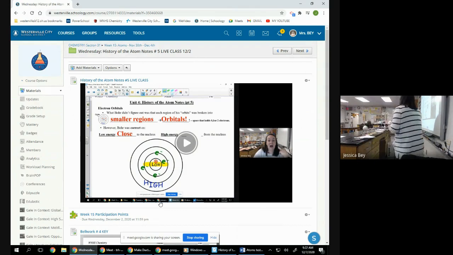So we're going to move forward with the class today like people have done this lecture. But again, if your history of the atoms notes number 5 page is blank, you need to go into the week 15 Wednesday folder. I mean, you need all of these notes to be filled out before the test. If you need help finding any of the lectures, let me know. But you will not know what we're doing if you did not do this lecture.